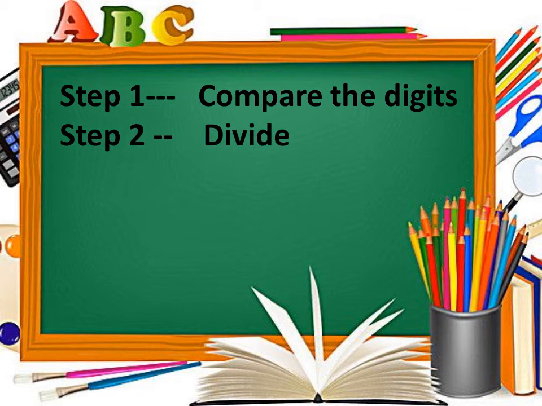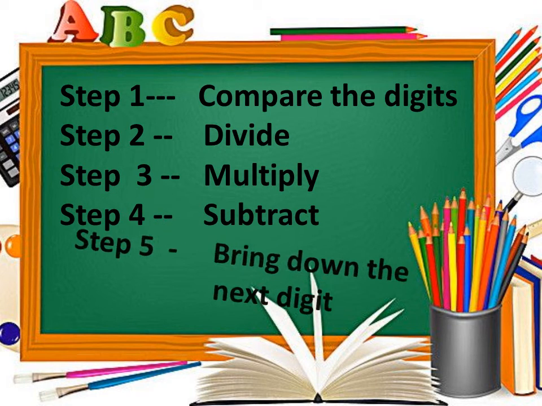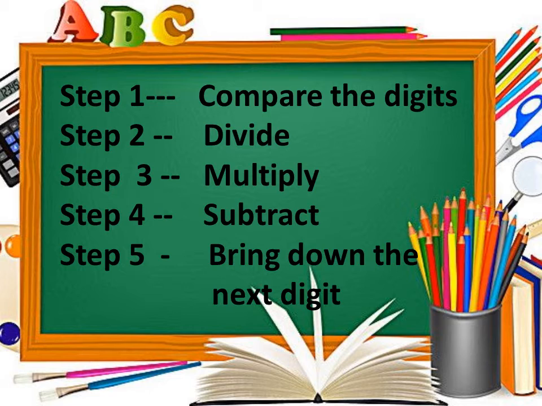Step 2. Divide. Step 3. Multiply. Step 4. Subtract. Step 5. Bring down the next digit. After bringing down the digit, we repeat steps 1 to 5 again till there are no more digits to bring down.